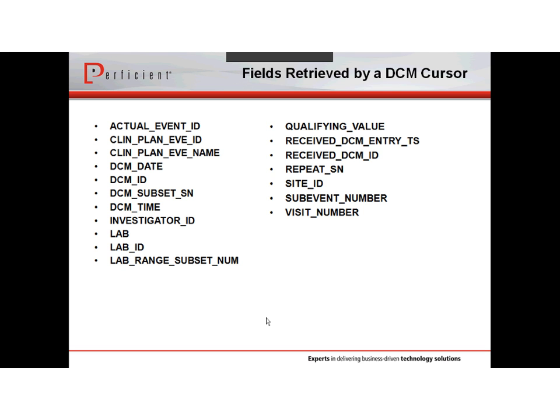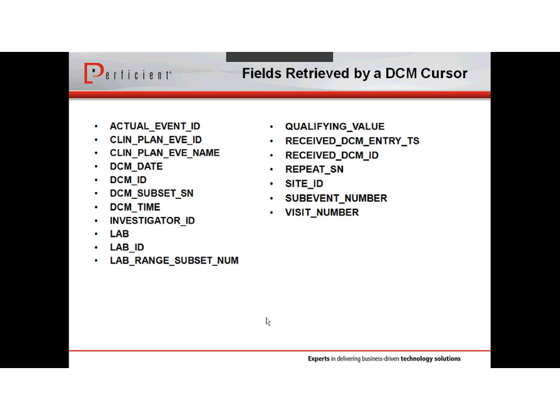You also have lab information, what lab it's from, what the lab ID is, what the subset number is. If it's a qualified DCM, you get the qualifying value. You get the entry timestamp of the received DCM, as well as the received DCM ID itself. You get a repeat sequence number, and we'll see more about that in a little while. And we also get a sub-event number and a visit number. So these fields are all retrieved when a DCM cursor gets fetched, as well as the DCM variables themselves.